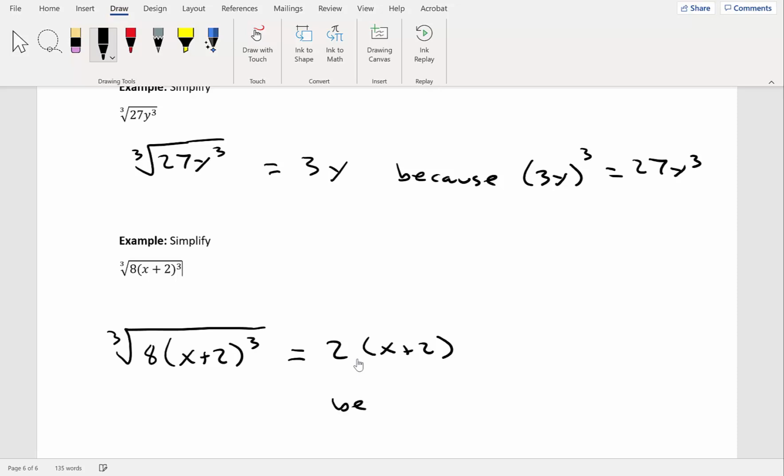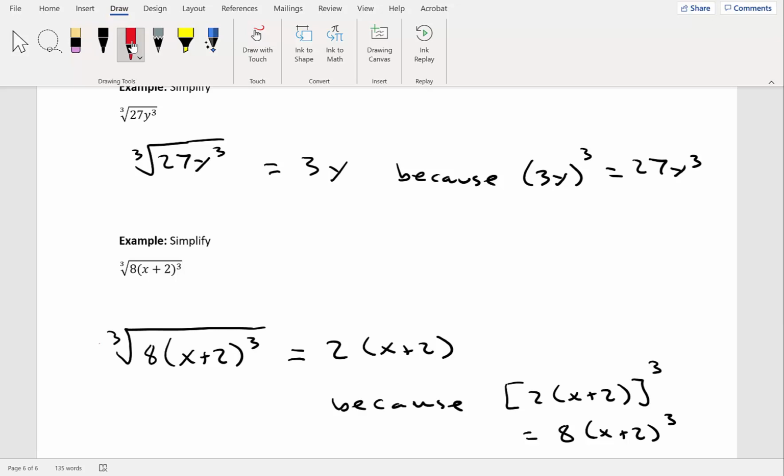Once again, this is because, if I put this in brackets, 2 times (x + 2) raised to the third power gives me 8 times (x + 2) raised to the third. So essentially what happens with these binomials is the cube root and the third power cancel out with each other.